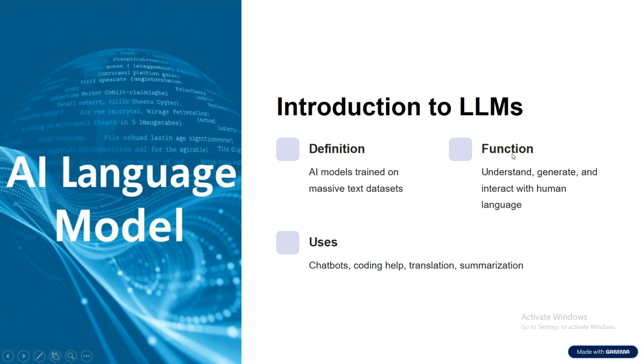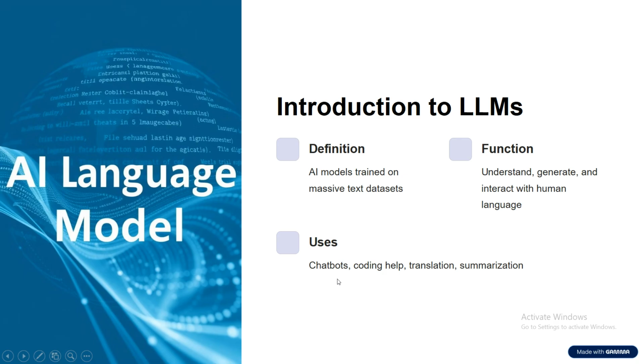So what are the functions? Here you can see, first, understand, generate and interact with human language. So what does an LLM do? An LLM understands human language and generates the output. So what are the uses?